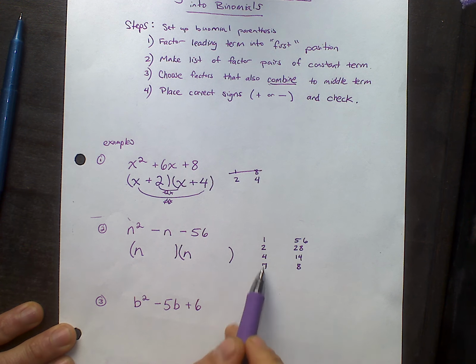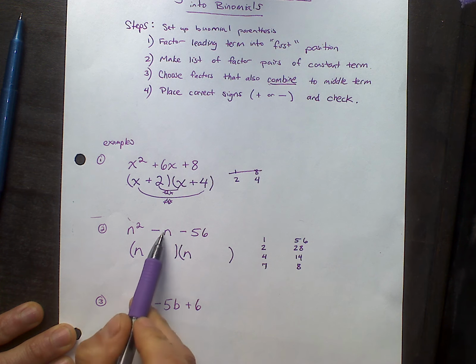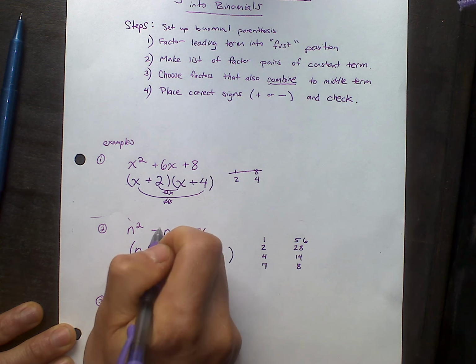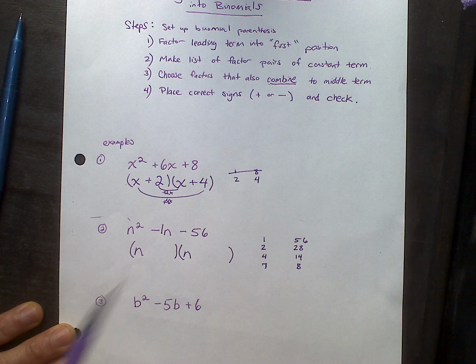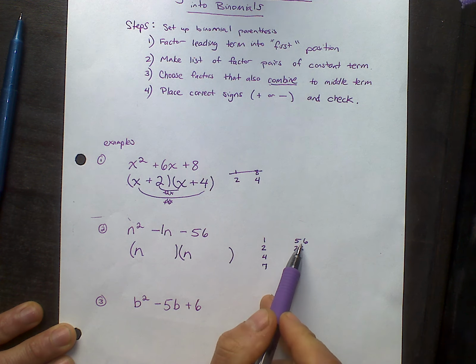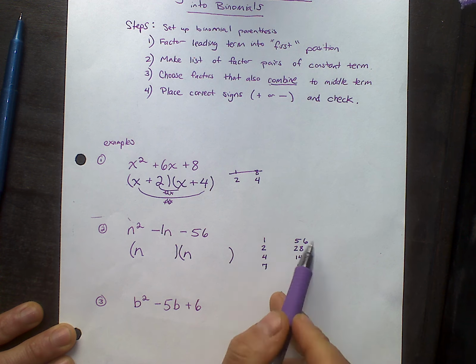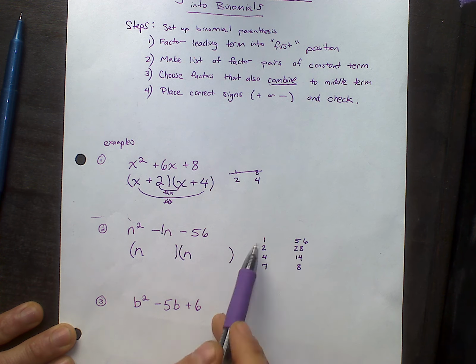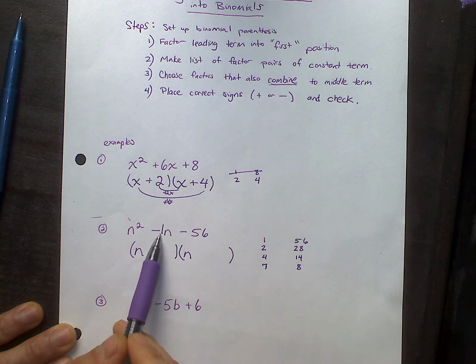Okay. Now I have to go through this list and see, do any of these numbers add or subtract to get to a -1? That's my middle term, -1n. 1 and 56, that adds up to 57. It subtracts to 55. Those numbers are way too large, and I need them to be a little bit closer together.